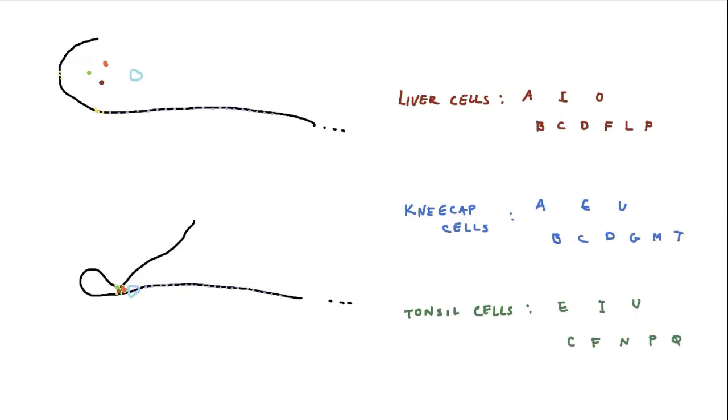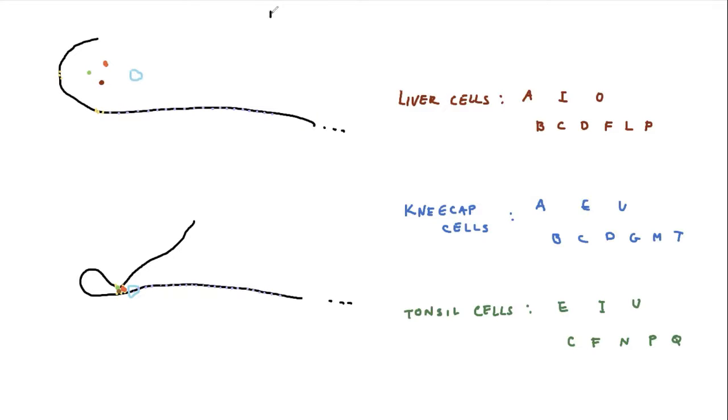And what I want you to think about is, well, how could having a system like this allow for precise control of gene activity in some cells, but not others? Okay.